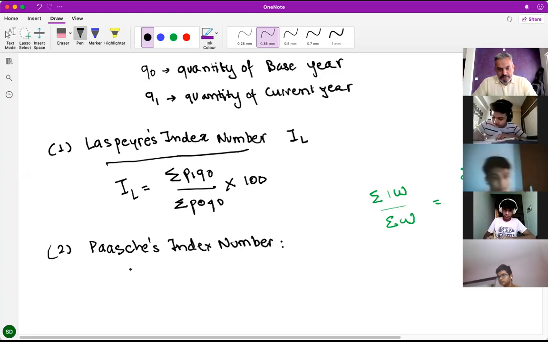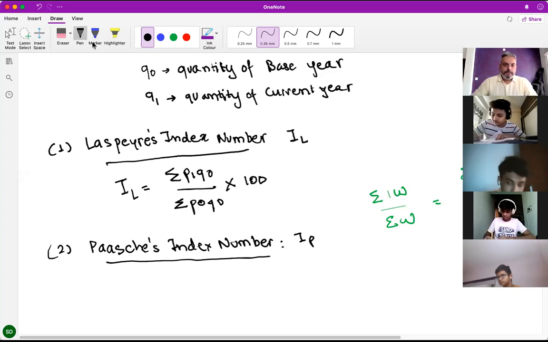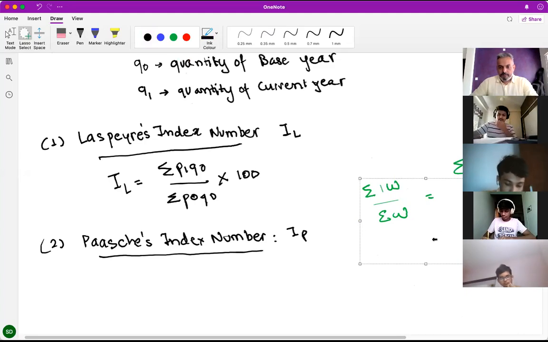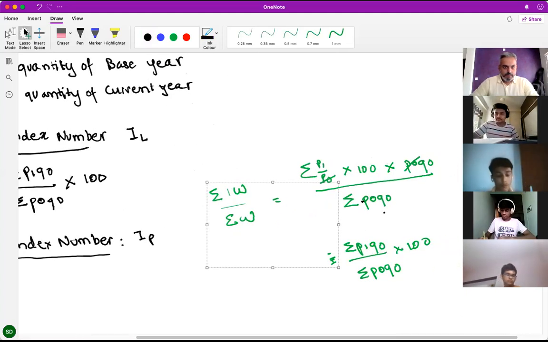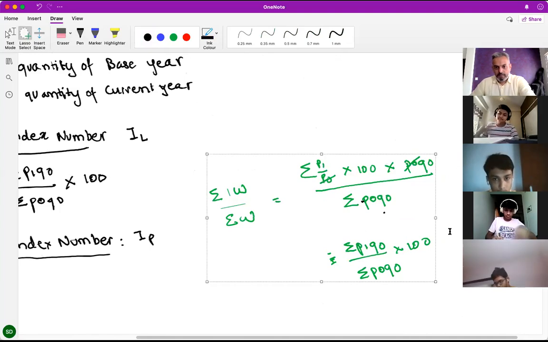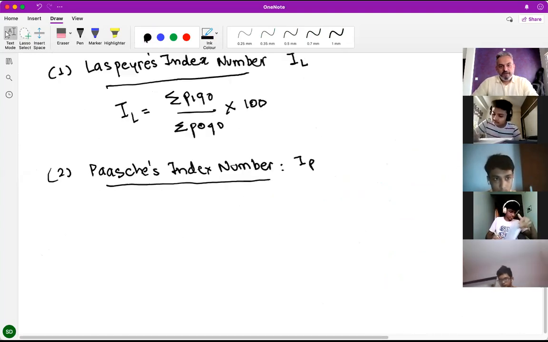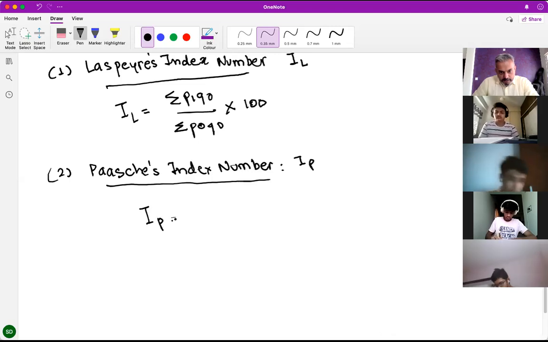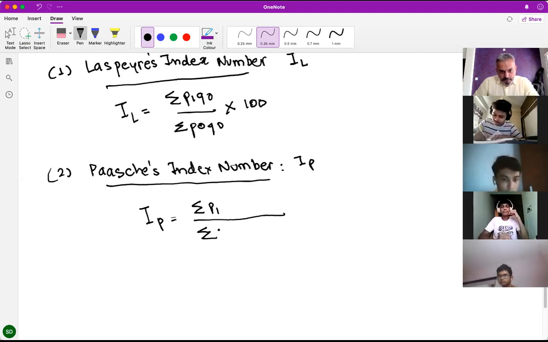Now, Paasche's index number is denoted by IP. In Paasche's index number, the formula is IP is equal to sigma, pay attention please, sigma P1 upon P0.